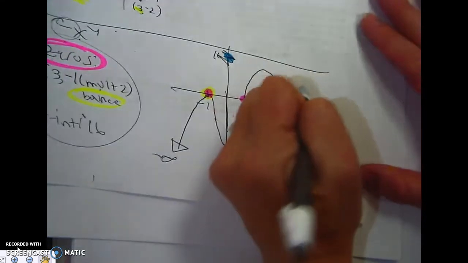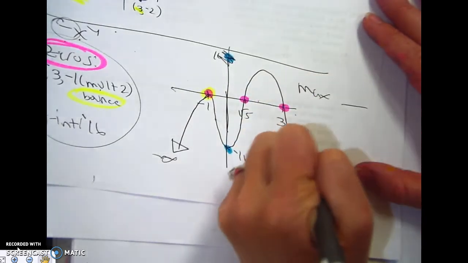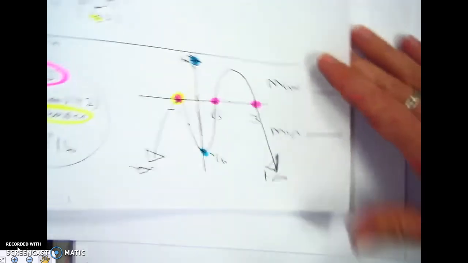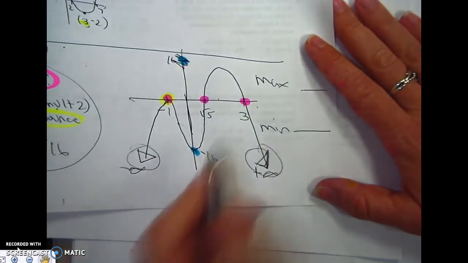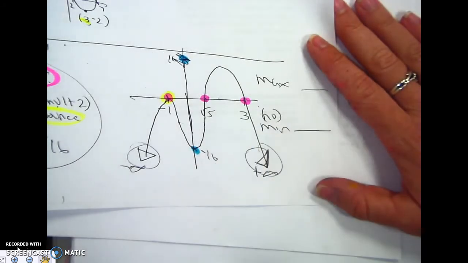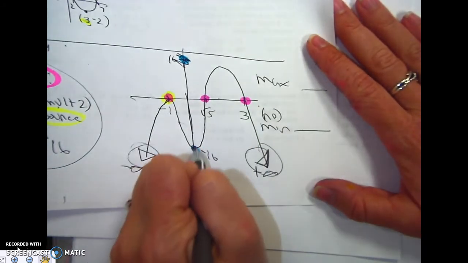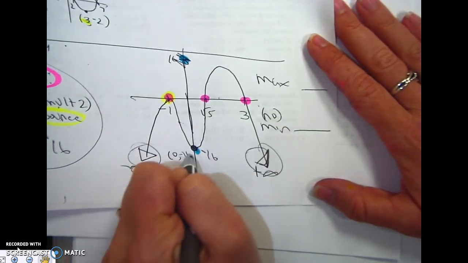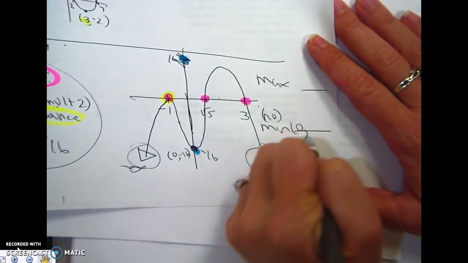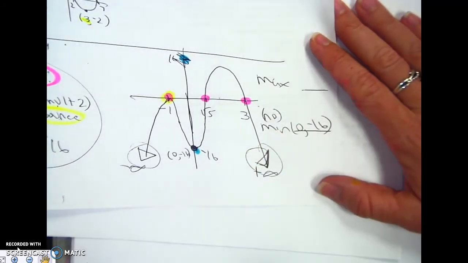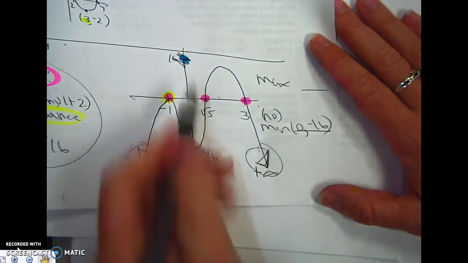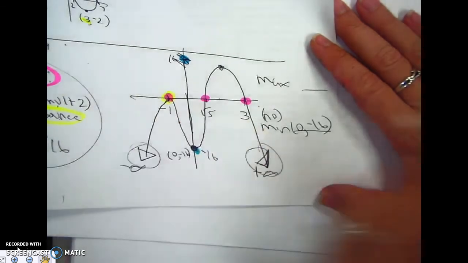So if I'm going to do my max and my min, technically there is no minimum, but there's a relative minimum. Relatively speaking, I made that my minimum. Now for the max, there is a max. It's this.